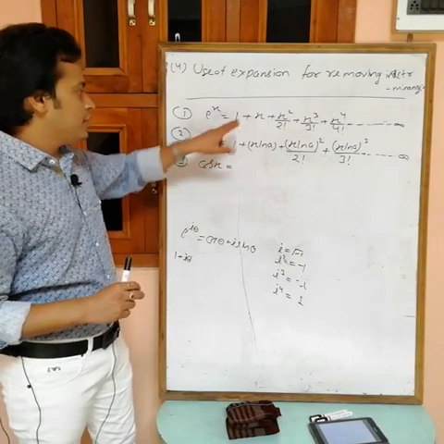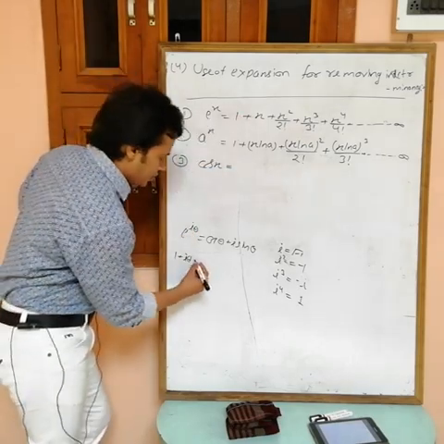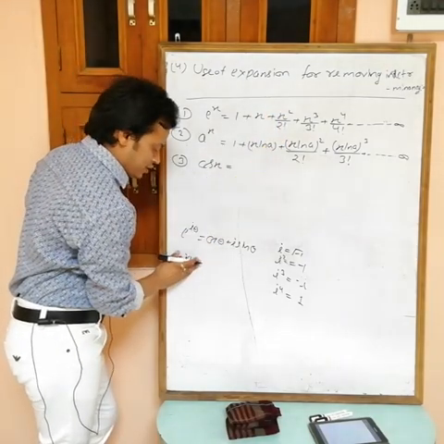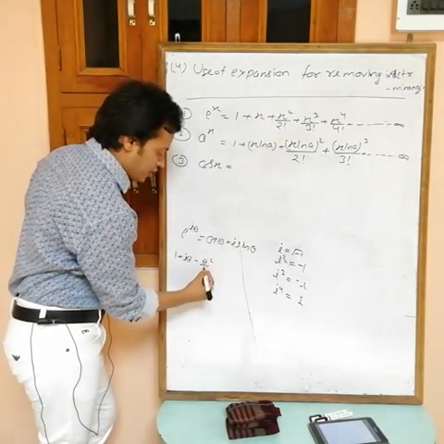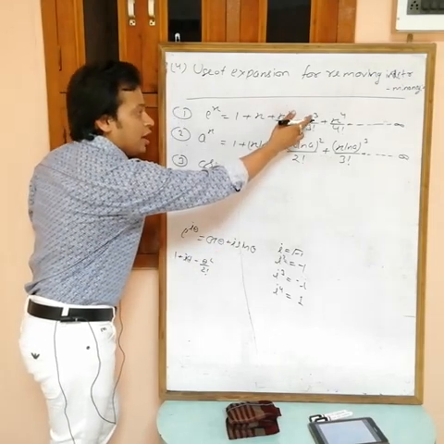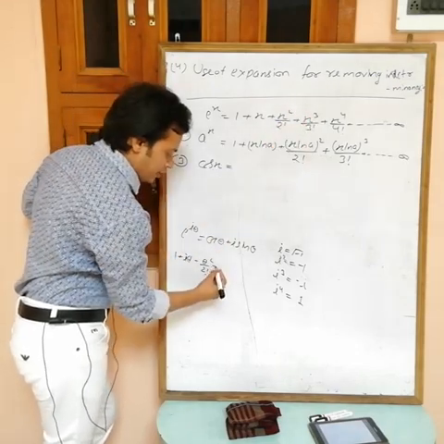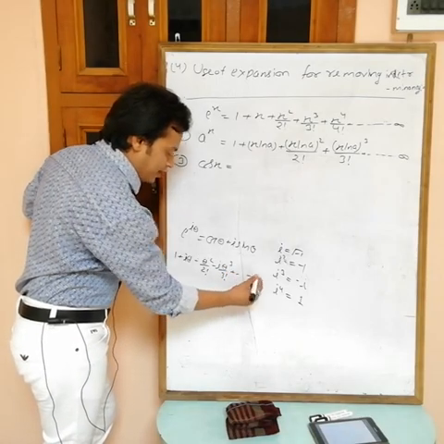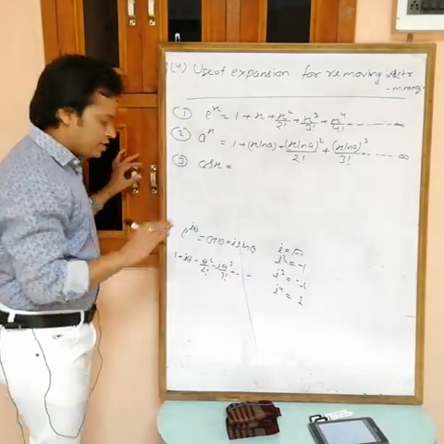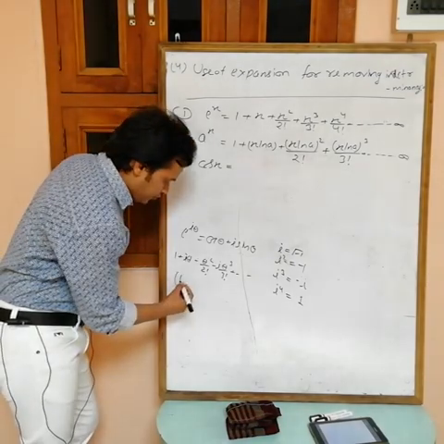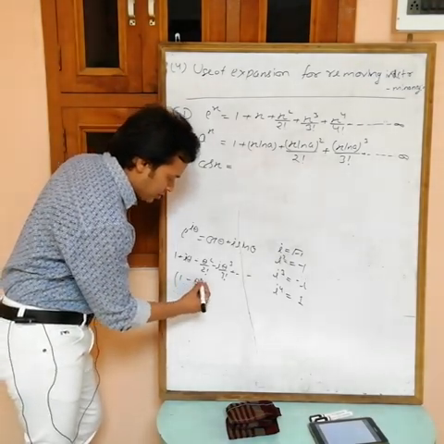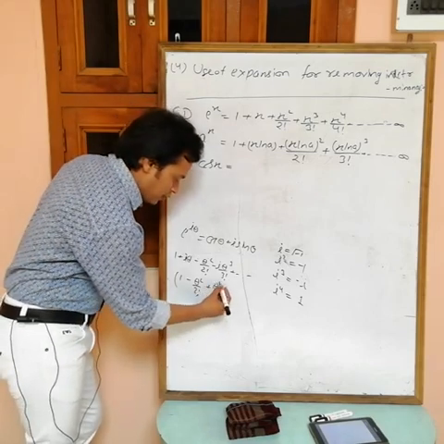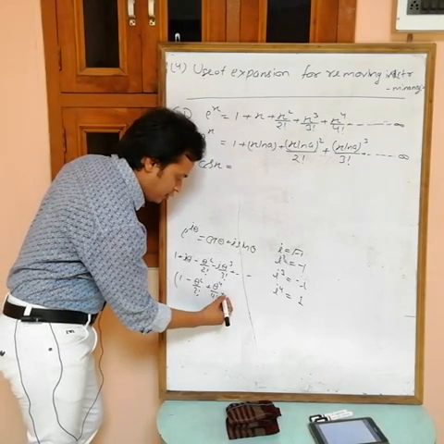So if you find the value of e power iota theta, you will get 1 plus iota theta. Here iota theta square means minus theta square by 2 factorial, then iota cube gives minus iota theta cube by 3 factorial, like this. If you separate, then at the end you will get 1 minus theta square by 2 factorial plus theta power 4 by 4 factorial.